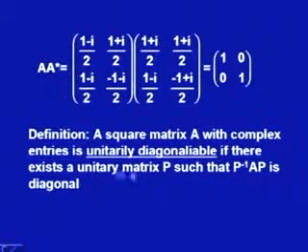So, the basic difference is this: for a diagonalizable matrix, we should have a matrix P which is invertible such that P inverse AP is diagonal, but the difference here is the matrix P is not only invertible, but it is a unitary matrix. So, if we can find such a matrix P, then we say the matrix A is unitarily diagonalizable.